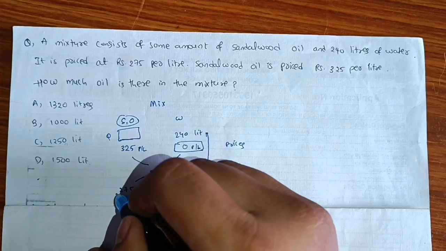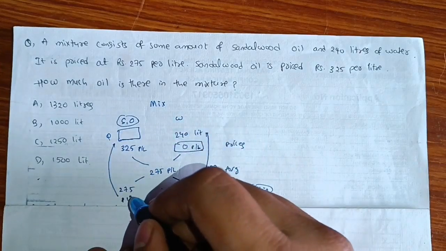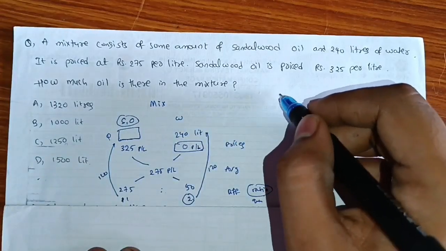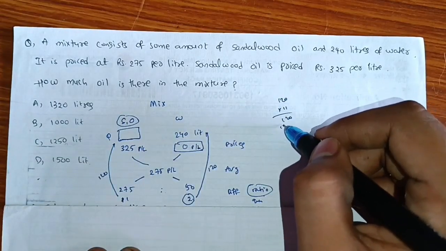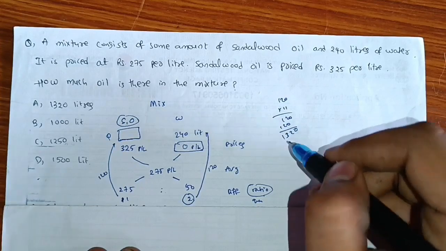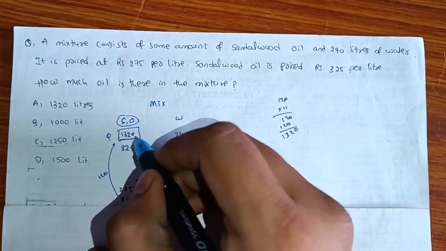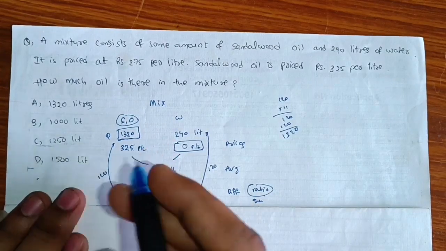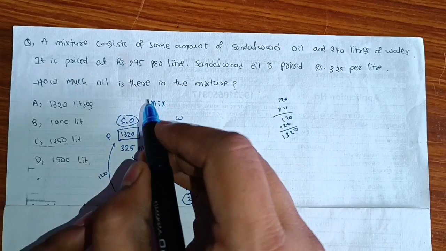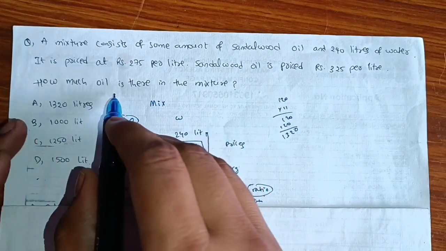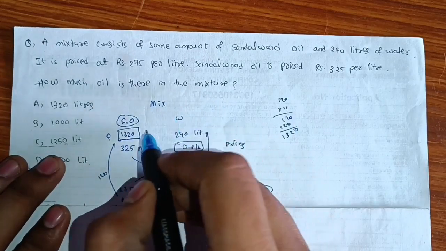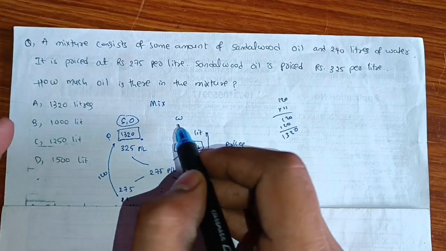The same thing applies here: multiply 11 by 120, which is 1320, the actual quantity of the sandalwood oil. So this is the final answer. He asked how much oil is there in the mixture. It is 1320 liters, which is option A.